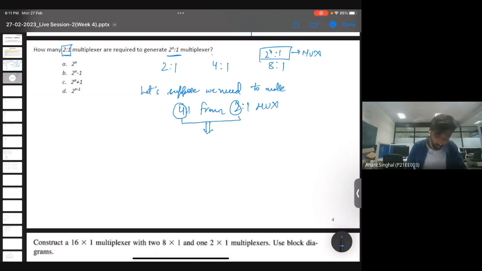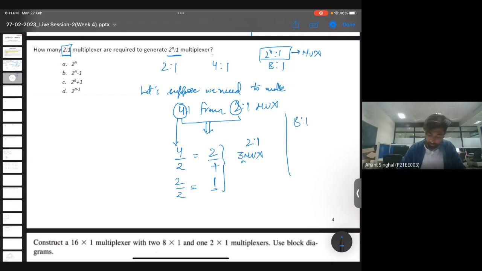Here we have taken a 2 cross 1 mux, so we divide until we reach a single integer. We divide 4 by 2, which is 2, and then divide 2 by 2, which is 1. Adding those numbers gives the answer. So for a 4 cross 1 mux, 4 by 2 is 2 and 2 by 2 is 1, so we require 3 muxes, three 2 cross 1 muxes. Similarly, we can check it for an 8 cross 1 mux. Can anyone tell how many muxes are required for 8 cross 1?